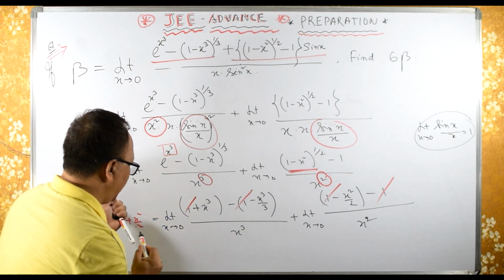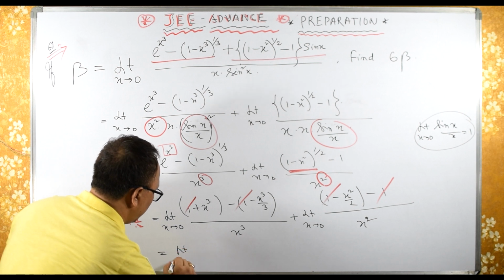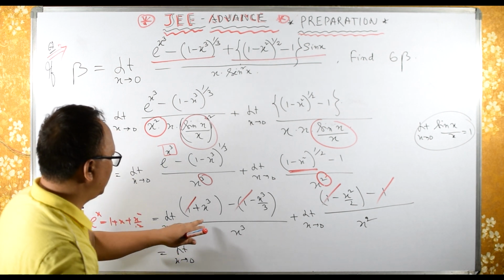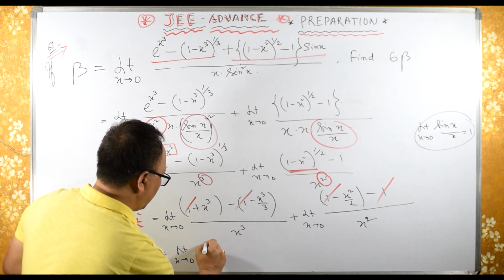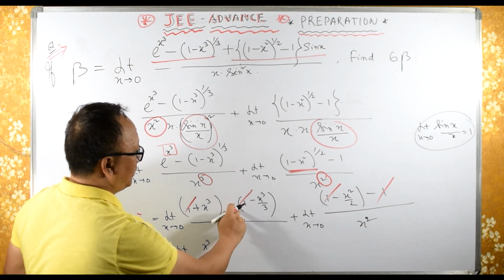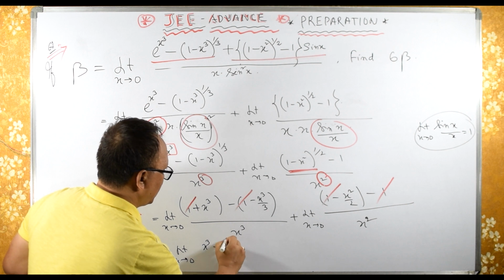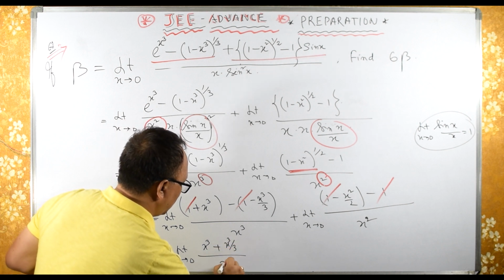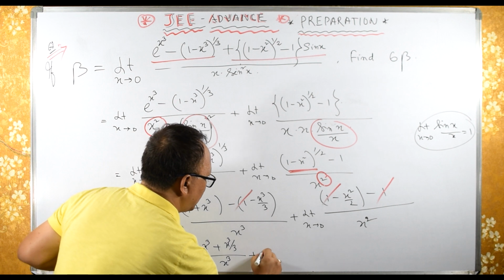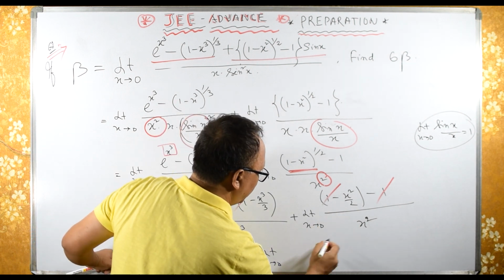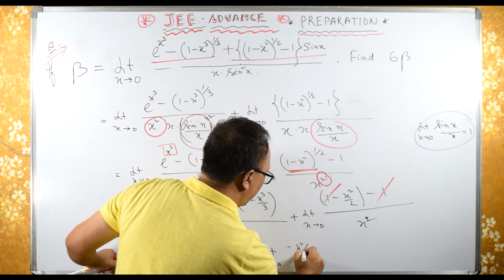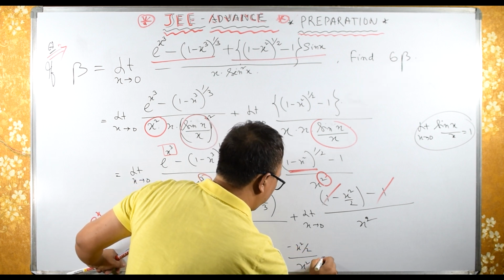So what we have is limit of x tends to 0 of x cube minus, plus, x cube upon 3 upon x cube, plus limit of x tends to 0 of minus x square upon 2 upon x square.